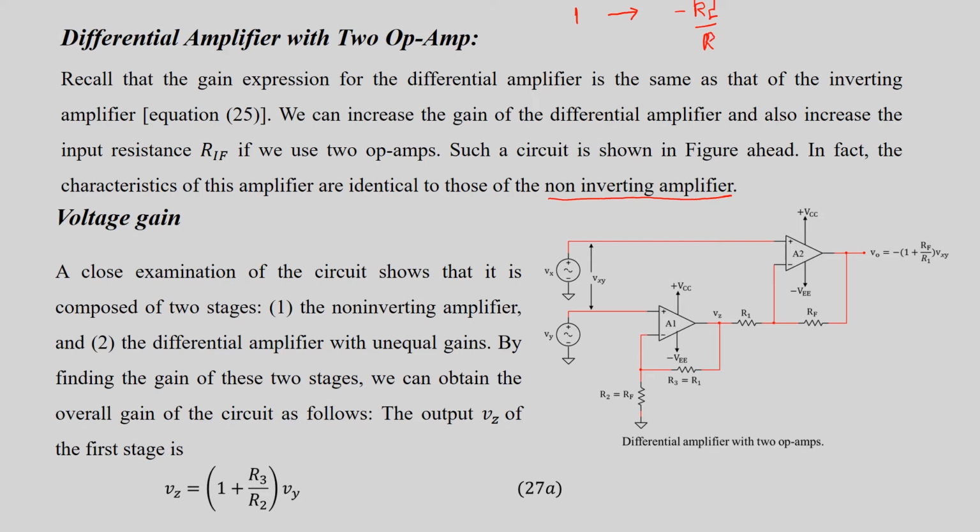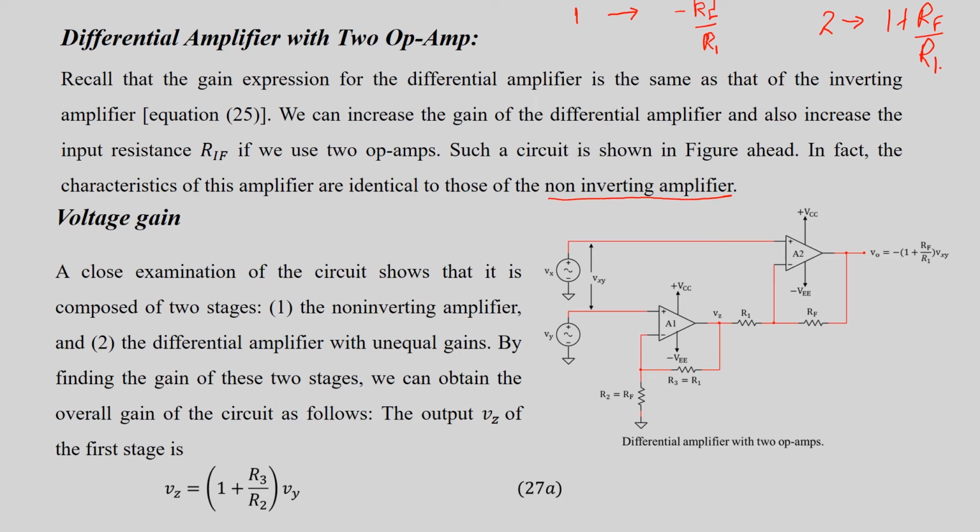Here with 2 op amps, we can make the gain equal to 1 plus RF by R1. A close examination of this circuit shows that it is composed of 2 stages.